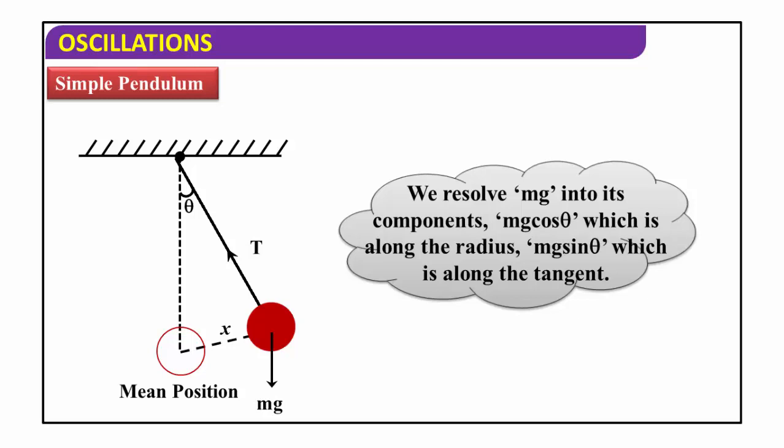When it is resolved into two components along the x-axis and the y-axis, the mg is resolved into mg cos theta and mg sin theta. This is called the vector resolution method.